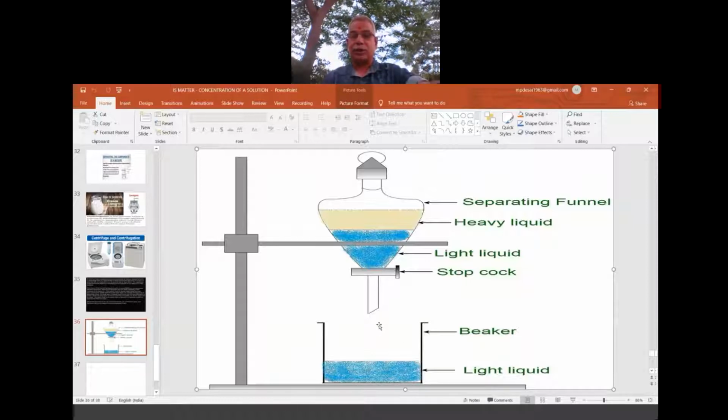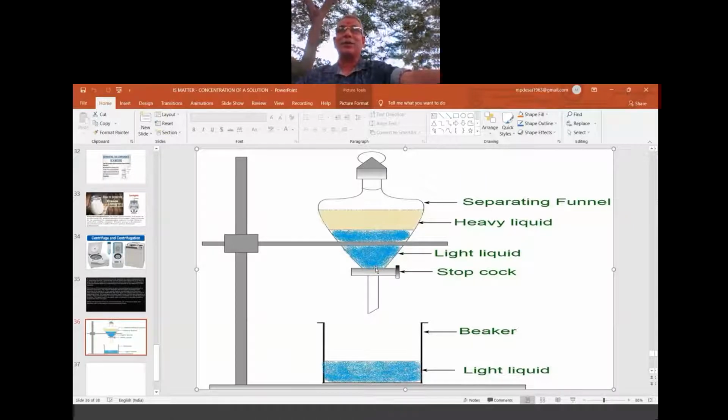When you open it, the heavy water drains off, moves down and falls in the beaker. Now you have to be very careful. Here is the separating layer between the heavy and the light liquid. You have to concentrate on this layer which separates both. When that layer comes and touches this point, stop.